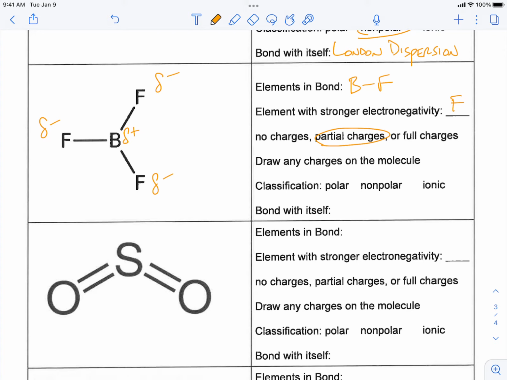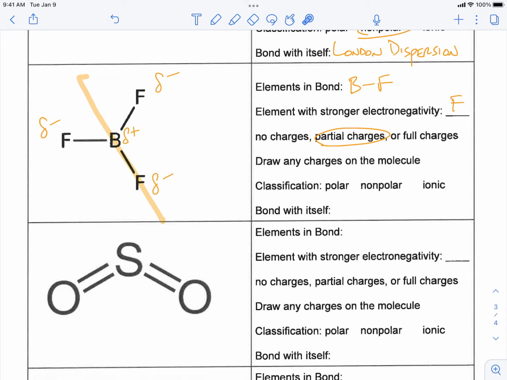Looking at this molecule, all sides of our molecule are partially negative. What that means is that no matter how we look at this in terms of symmetry, all sides are going to be negative. The left side is more negative, this side is negative. So that is not a pole. If we were to look at this in terms of this line of symmetry, well, this side is more negative, the right side is more negative.